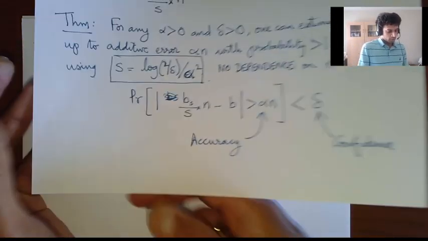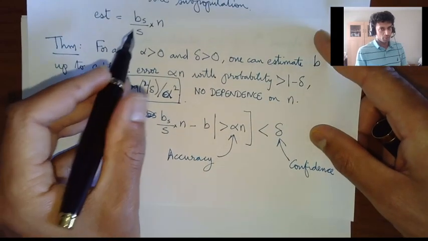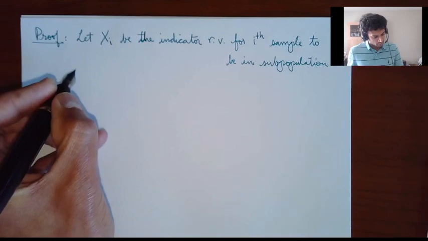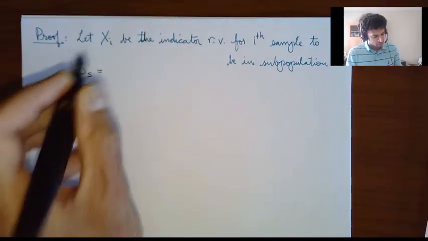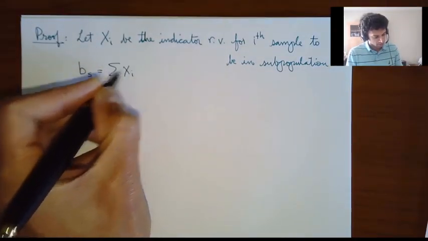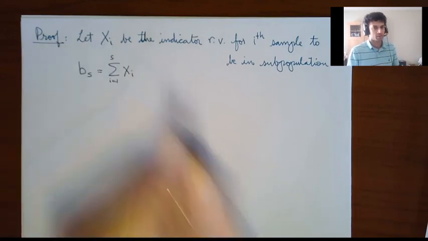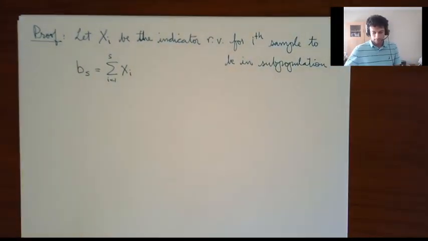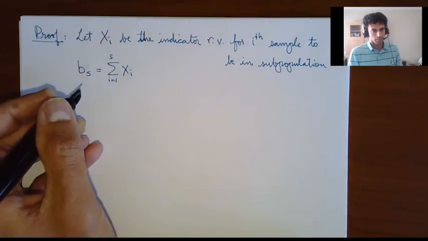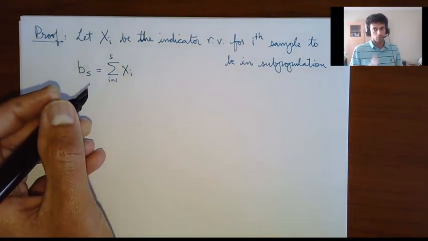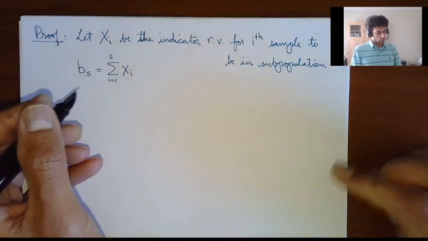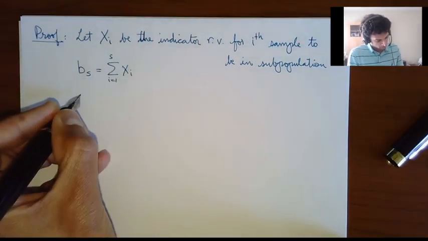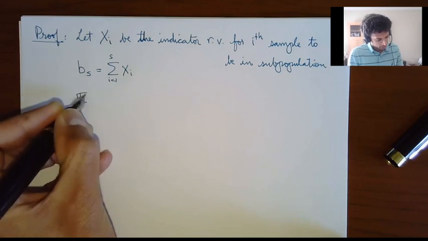Okay? B sub S is simply the summation of Xi, i going from 1 to S. So now we're going to apply the Hoeffding bound.